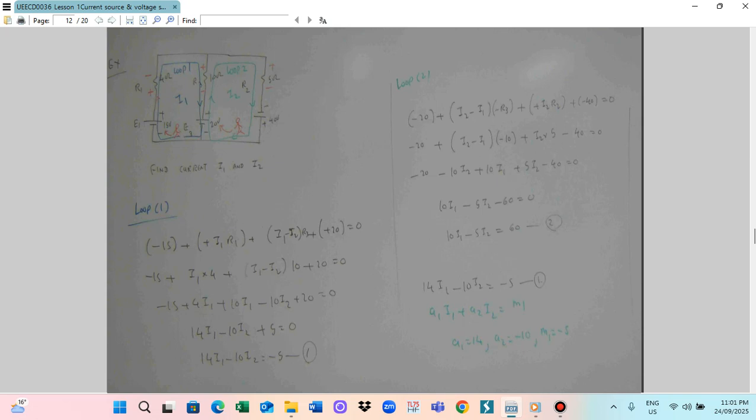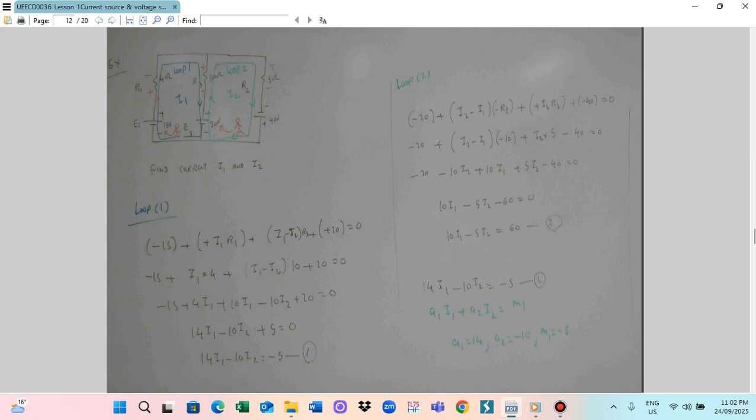Similarly, you write the equation for the U2. U2 is the green loop. Firstly you see that negative sign. You go here, you see the negative 20. Negative 20 plus I2 minus I1.